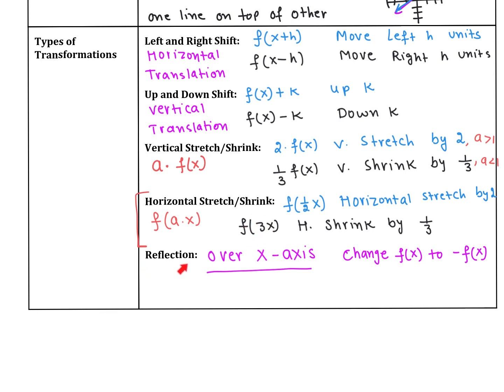For reflection, we are only going to do the reflection over the x-axis. Reflection over the x-axis just means that the number you're multiplying outside, that's a, is going to be negative. So if you have f(x) as a function and you multiply it by -1, which means -f(x), then you're going to have a reflection over the x-axis.